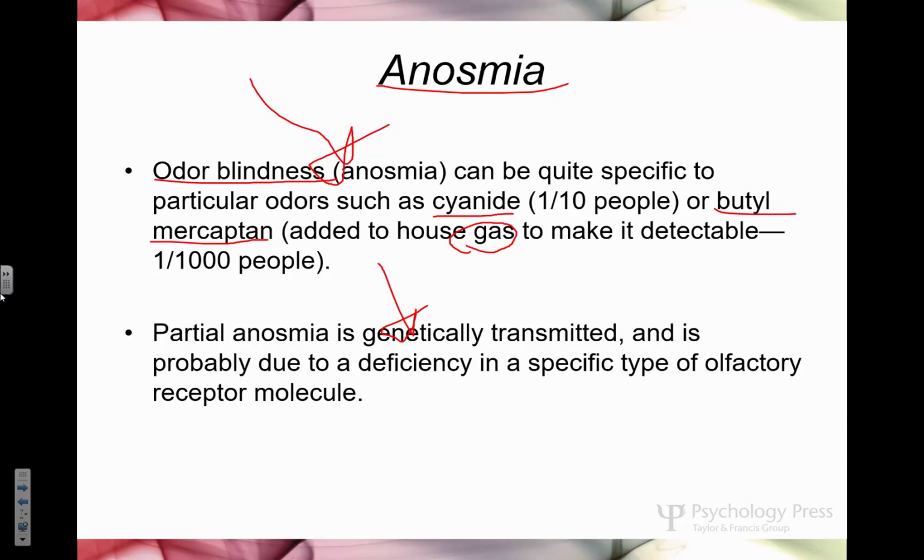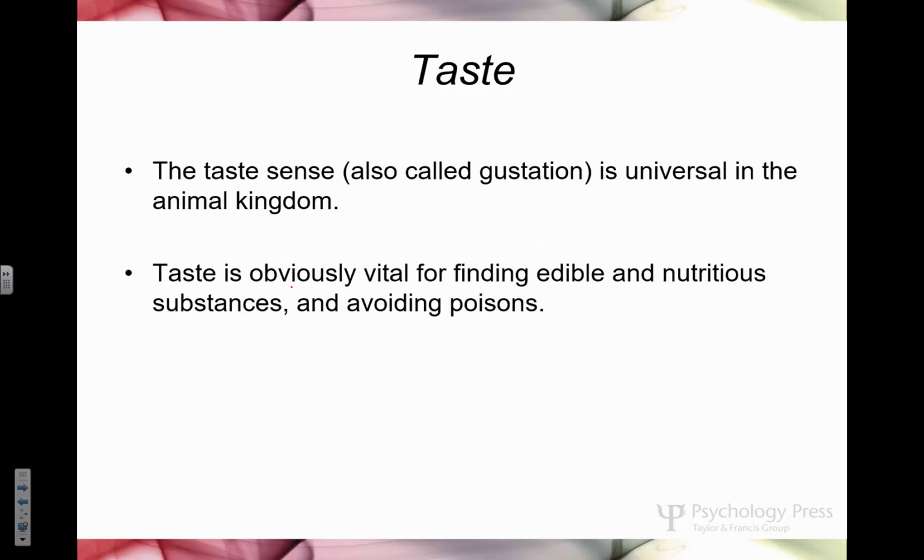With taste, there's a thing called conditioned taste aversion, which is super powerful. And that's a great segue into the next slide, which is about taste. So great job, thanks. Conditioned taste aversion is the idea that when you taste or ingest something and it makes you sick, you're not going to come back to that. It's one of the few examples, if not the only example, of what we call single trial learning.